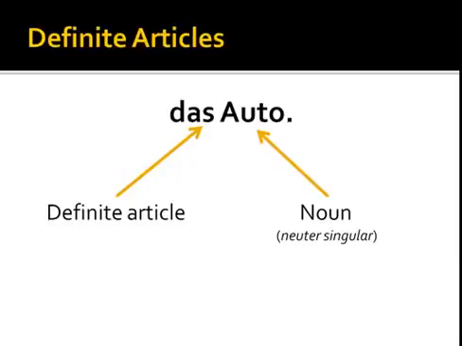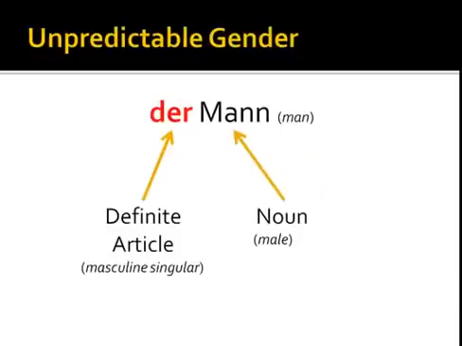Now, the problem here that maybe you already see is, how do I know if a noun is going to be masculine, feminine, or neuter? Sometimes it's easy for us to assume that, or it makes sense. For instance, this example, der Mann.